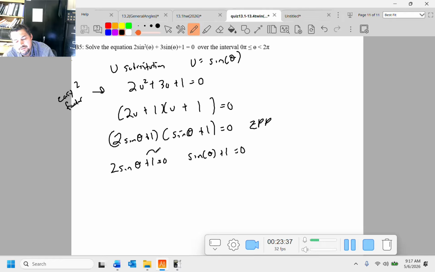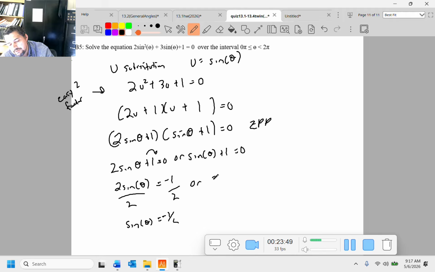All right, let's do the easy stuff. We're going to subtract 1. 2 sine of theta is negative 1. Divide by 2. The sine of theta is negative 1/2. Or the sine of theta is negative 1. These are straight unit circle questions. They are.